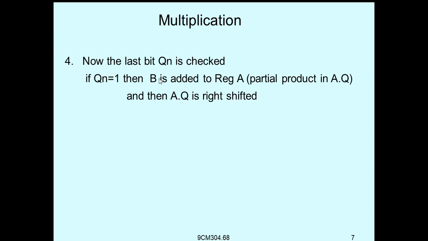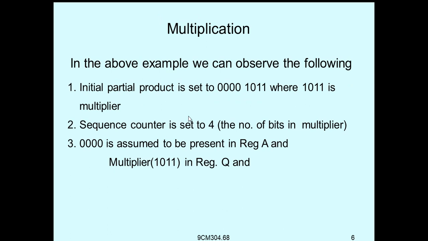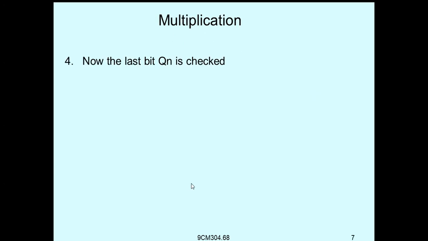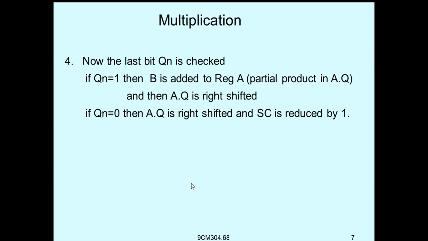So B is nothing but what? This one, 1001, the multiplicand. Initially A is all zeros, double zero, double zero.